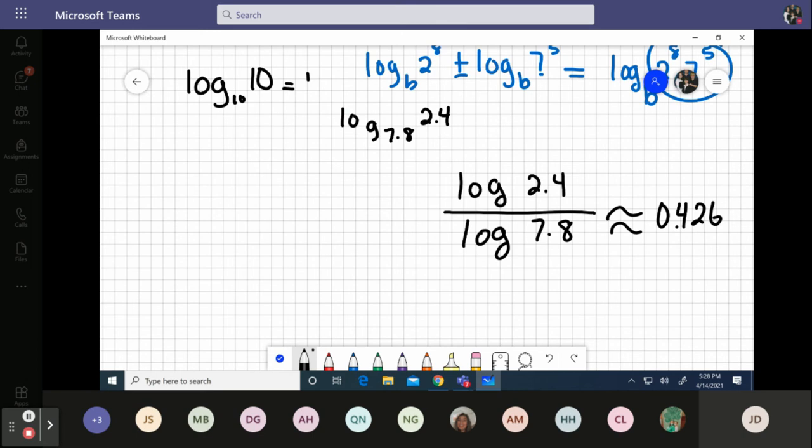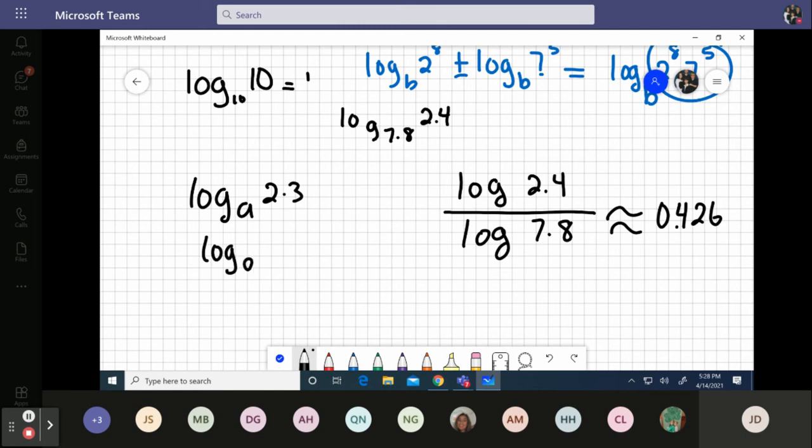34. 34, I sure can. So if I have, I don't know, log base A of 2 times 3, I can break that into a plus sign, right?